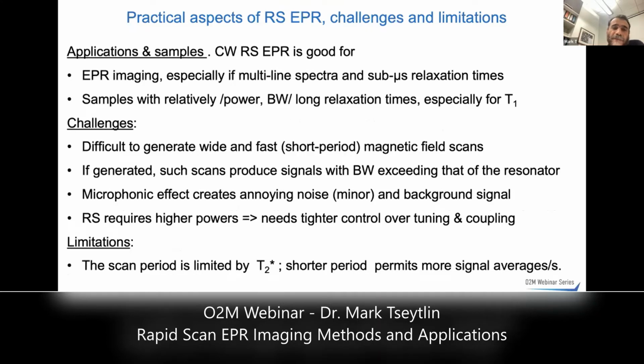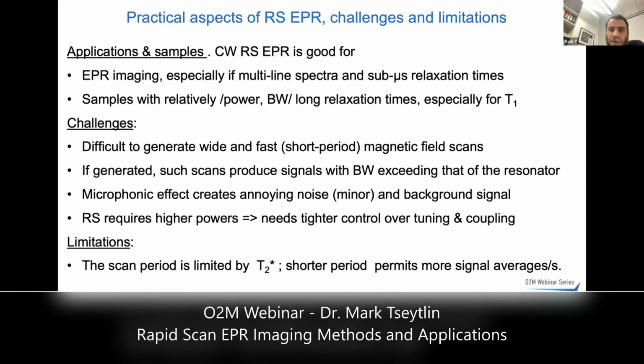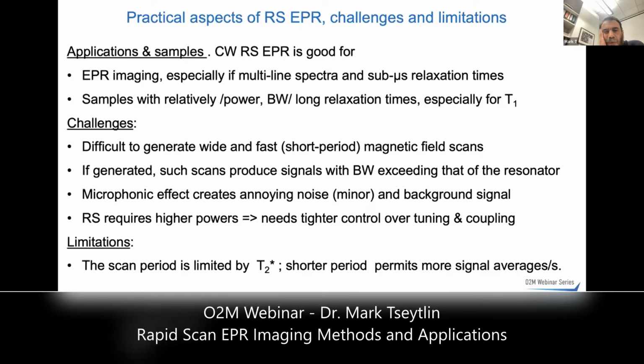For that reason, from a practical standpoint, samples with long relaxation times, especially T1, will benefit from rapid scan. And as I mentioned, imaging: in EPR imaging you can capture multi-line imaging spectra, while in pulse you're pretty much limited to a single line.